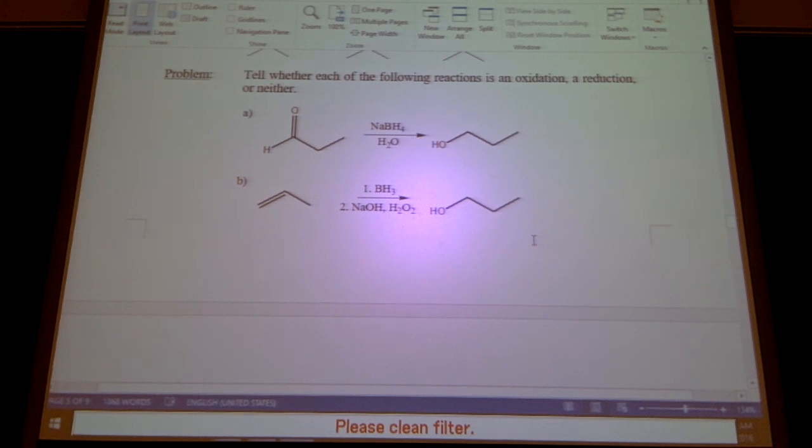You may also see some things termed a reduction that do not even involve oxygen. Like if you have a C double bond C and you add hydrogen to that, so if you go from an alkene to an alkane, that is also termed a reduction. So if you increase the electron density on carbon, it's termed a reduction.